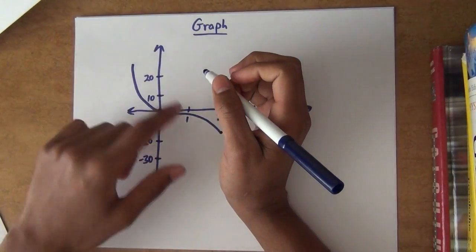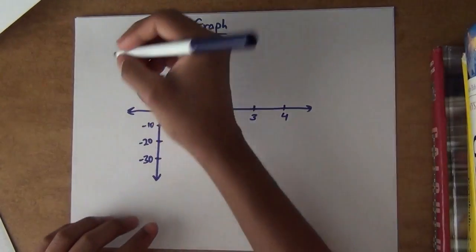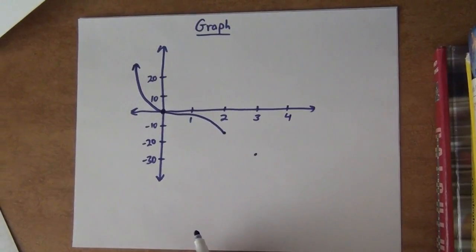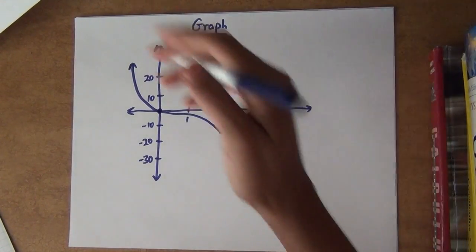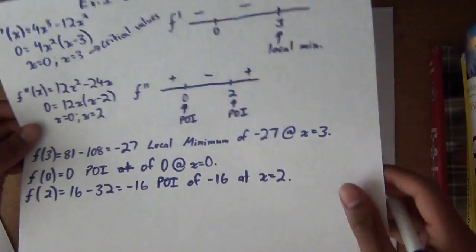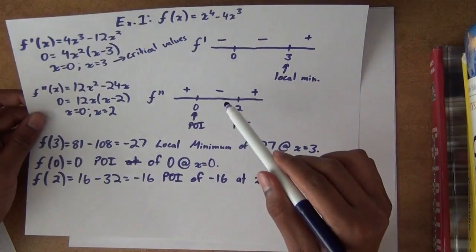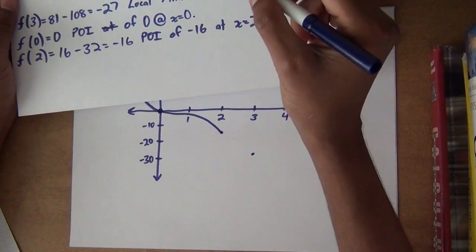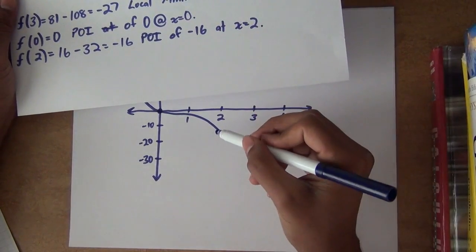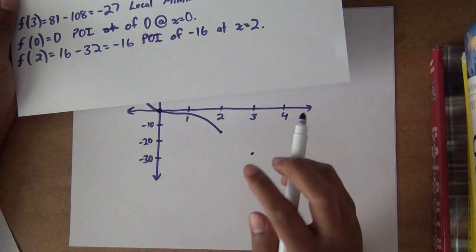So that's our first little part of the graph there, and I'll just put an arrow. And at 2, negative 16, we had another point of inflection. It was negative concavity, which I already drew in before 2, and then a positive concavity after 2. So it'll be opening upwards after this.